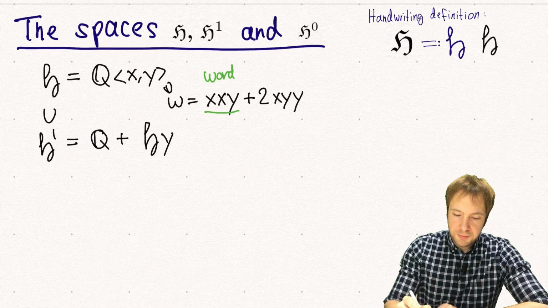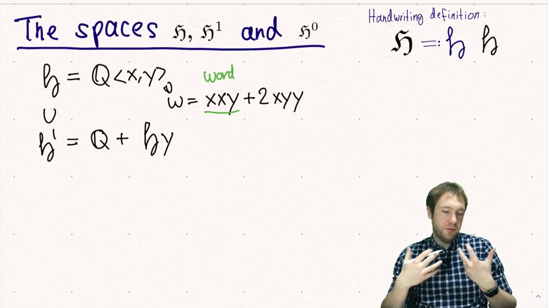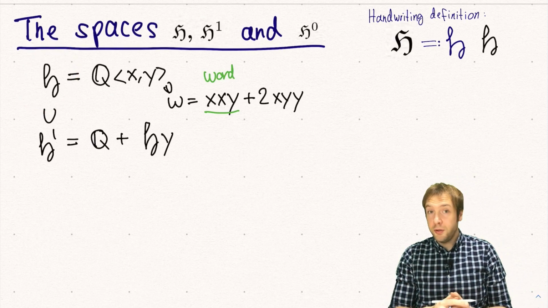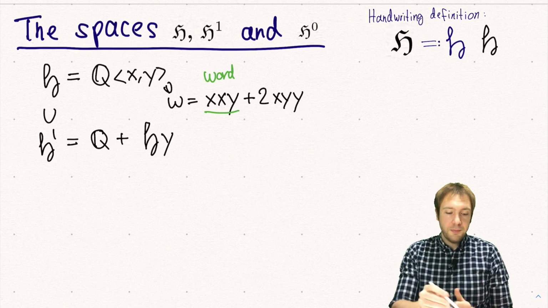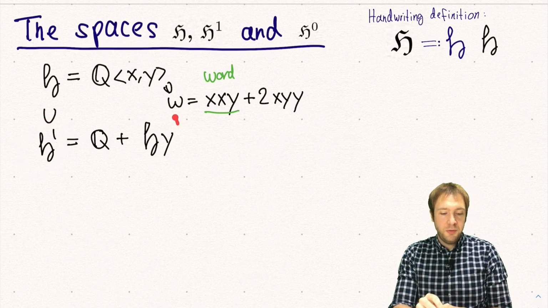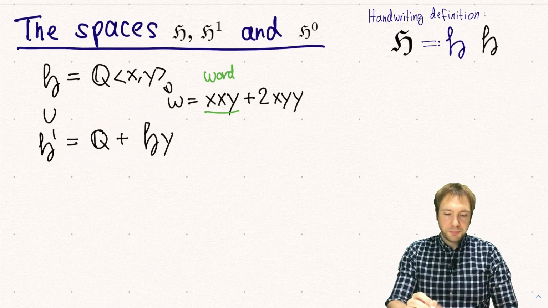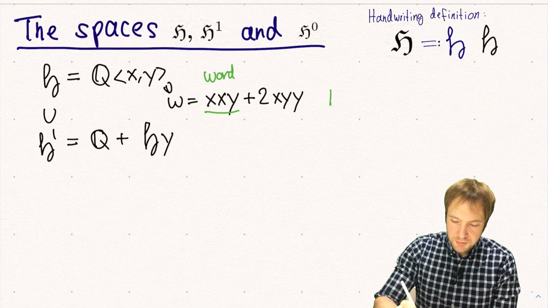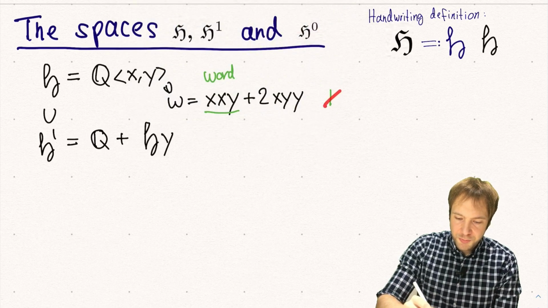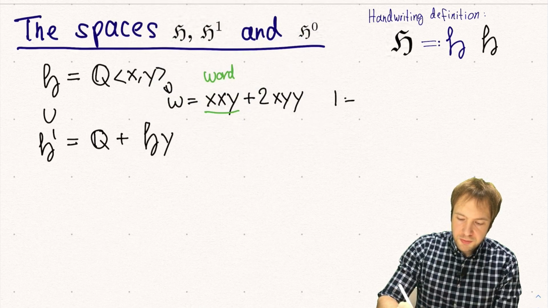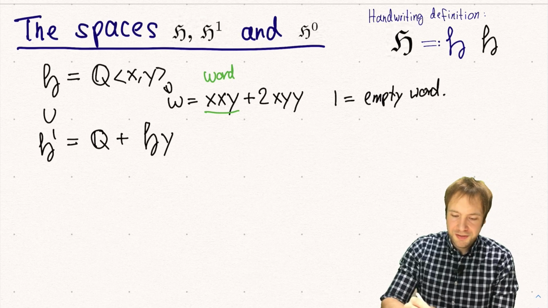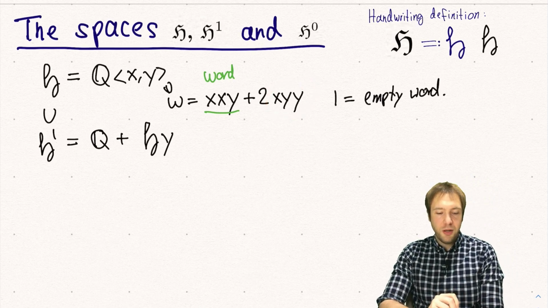So this space here, the h, is the rational linear combination of words in the letters x and y, and h1 are now the words which end in y, and also we allow the empty word, which we denote by 1, and we call the empty word. So this is just a monomial without x and y.